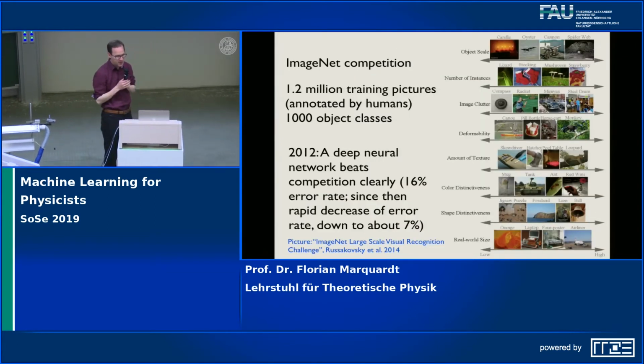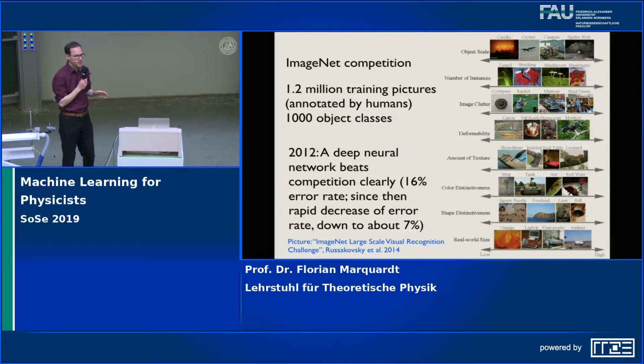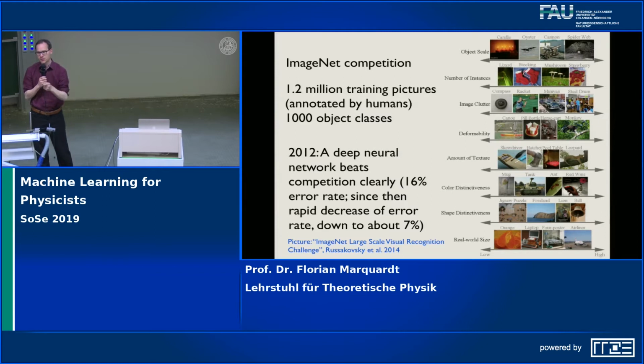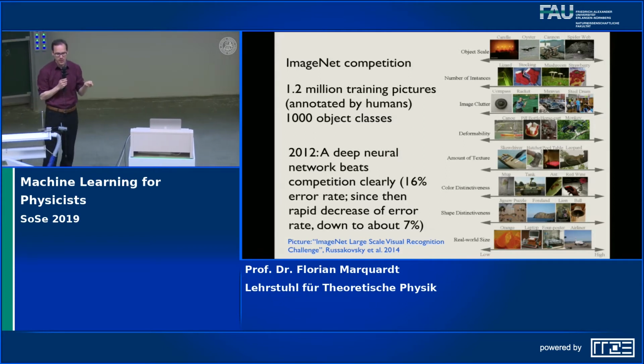Okay, and so this concept, of course, has been around for quite some time. Later in this lecture, I will give you a very brief rundown of the history of neural networks. But the real power of neural networks became apparent to all the world, I would say, back in 2012, because, you know, computer scientists like to make competitions.